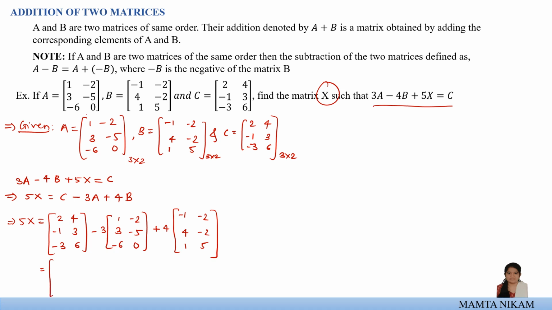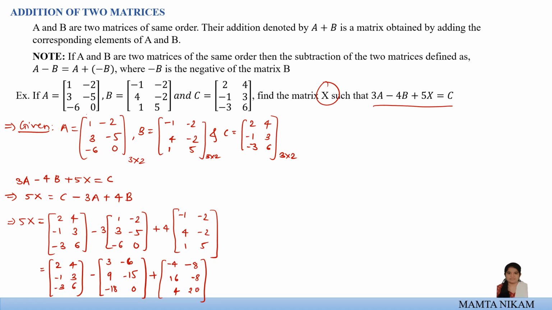Let this first matrix be as it is: [2 4; -1 3; -3 6]. Minus, this will become [3 -6; 9 -15; -18 0], plus 4 times this multiple, so this will be [-4 -8; 16 -8; 4 20].